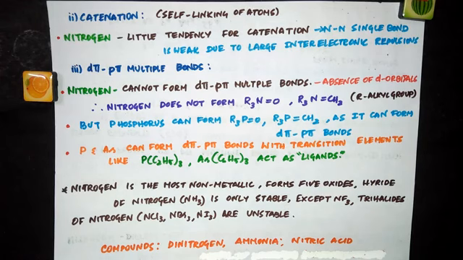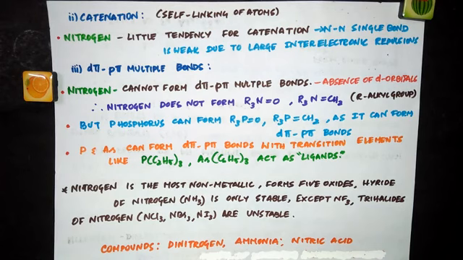Here a d orbital is overlapping with the p orbital, and obviously nitrogen cannot form dπ-pπ multiple bonds because of the absence of d orbitals in its valence shell. When you look at the electronic configuration, we don't have d orbitals in the valence shell of nitrogen, so nitrogen cannot form these multiple bonds.